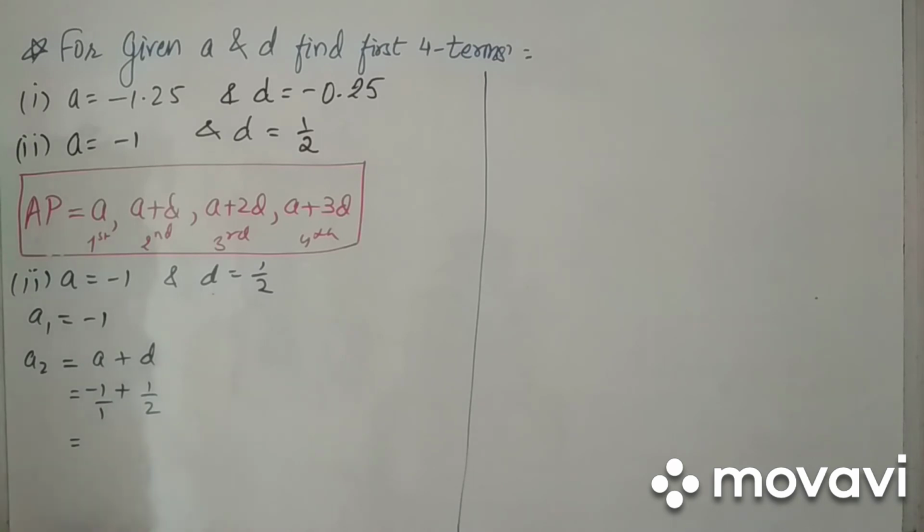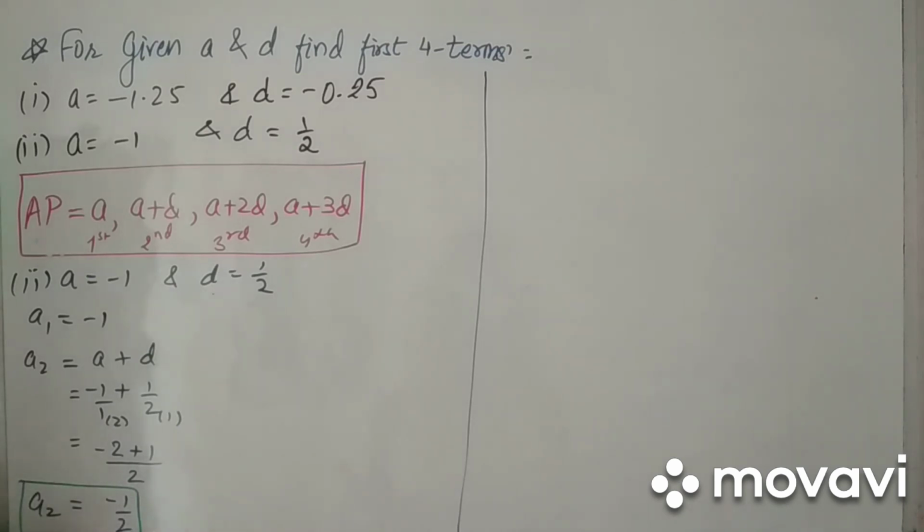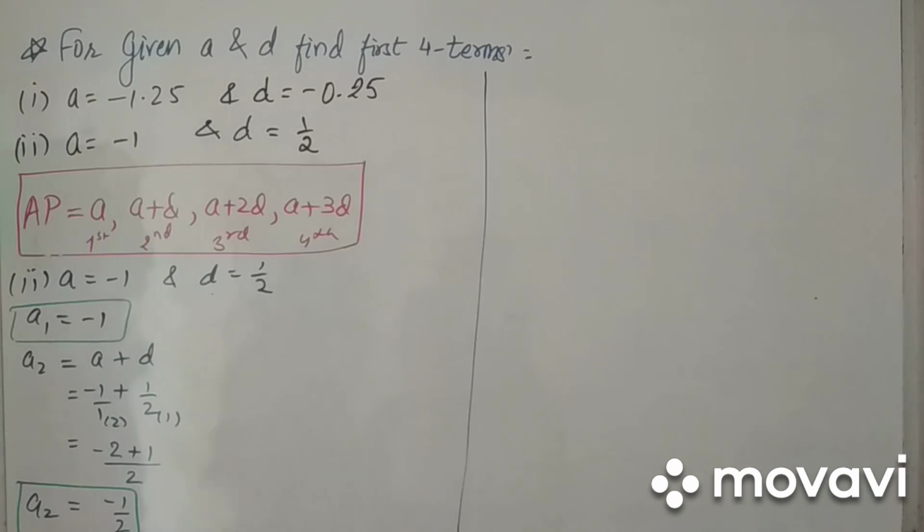Here once again we have to take out the LCM. So this is multiplied by 2 and that 2 is multiplied by 1. So minus 2 plus 1 upon 2. This will give me minus 1 upon 2, which is my A2. So A2 is this, A1 is minus 1.